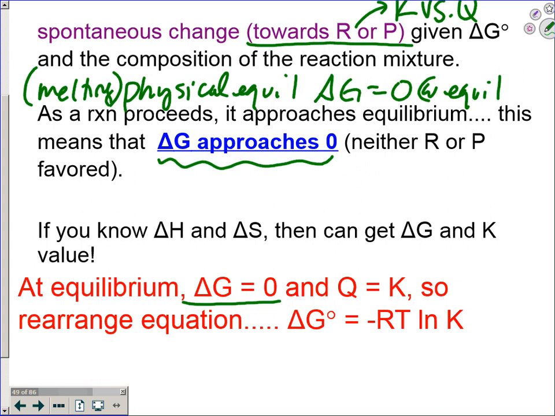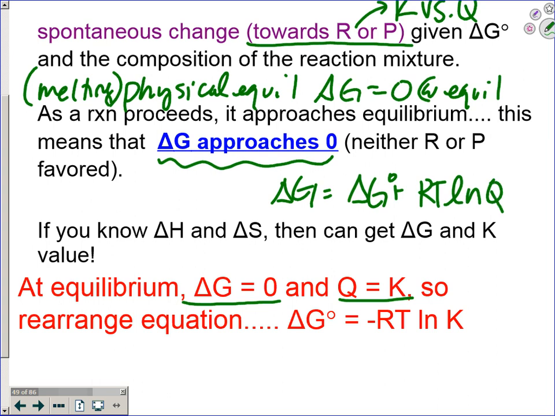So what I do is I plug in plus RT ln Q. I'm plugging in data points here. So if this is 0 and this is K, how do I rearrange this equation?